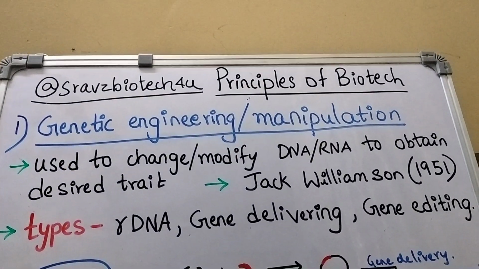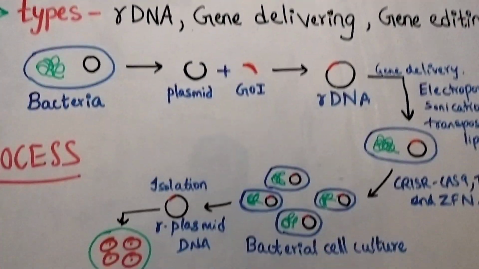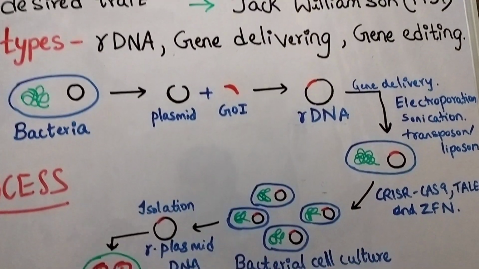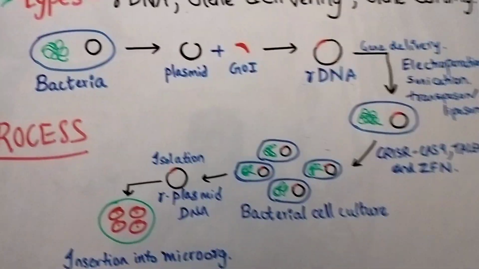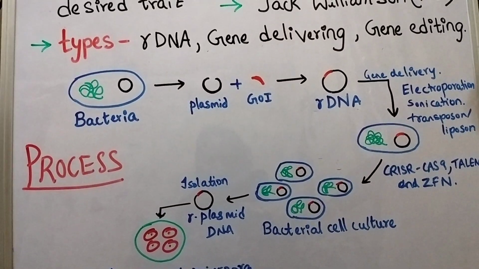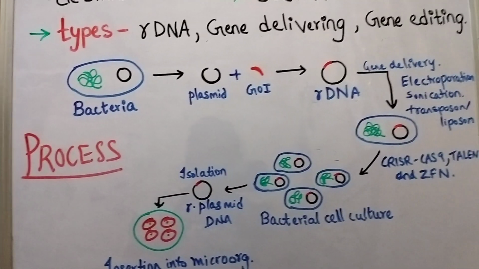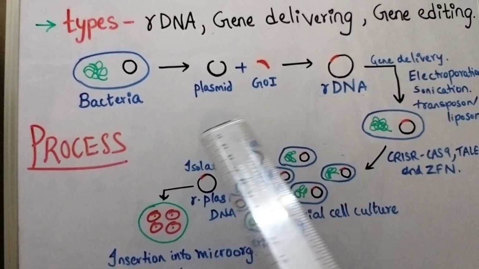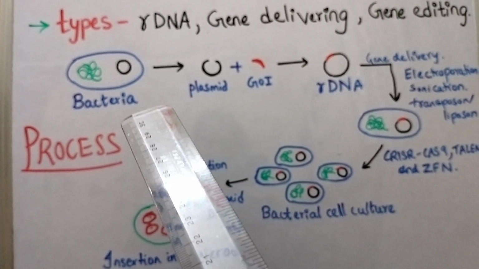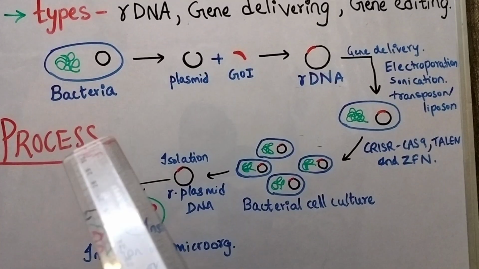Now moving on to the process of genetic engineering. The first step is selecting and isolating the candidate gene. Bacteria having a plasmid DNA is selected.